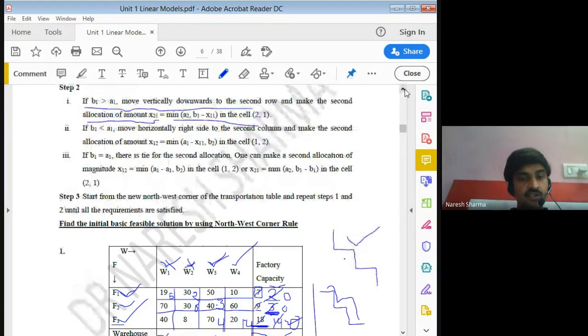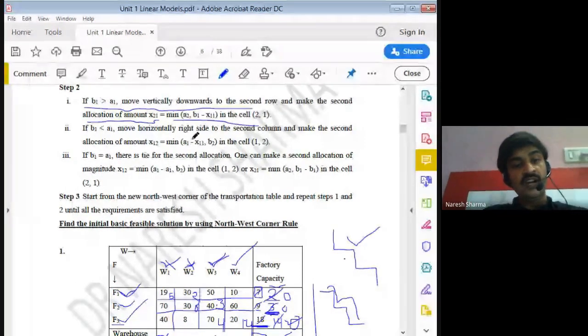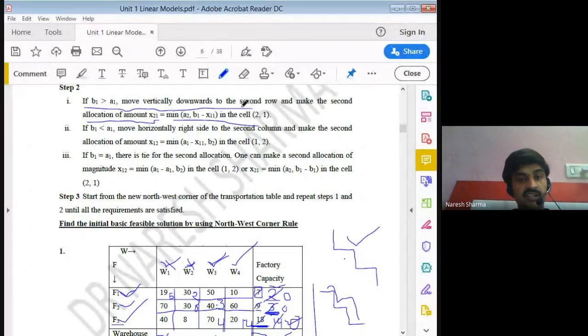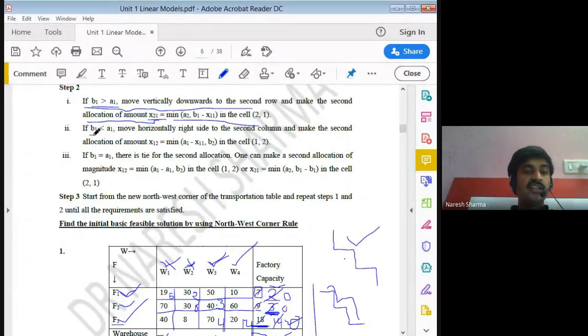If we move vertically down, in the first case, if B1 is greater than A1, in that case the allocation goes to X21. Similarly, if B1 is less than A1, we give the allocation in X12, like minimum of A1 minus X11.